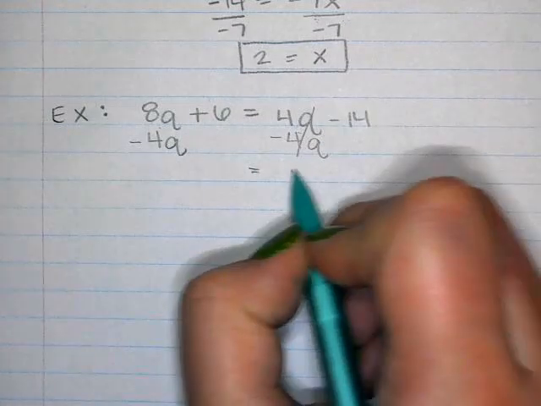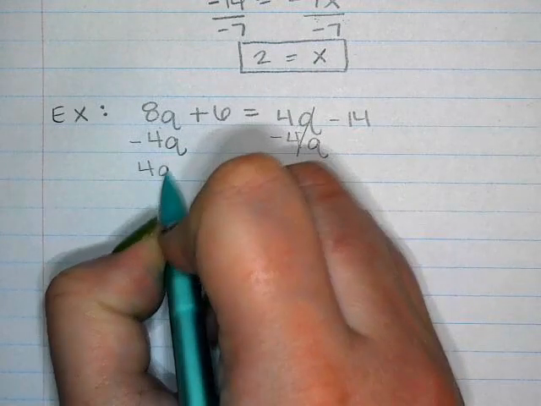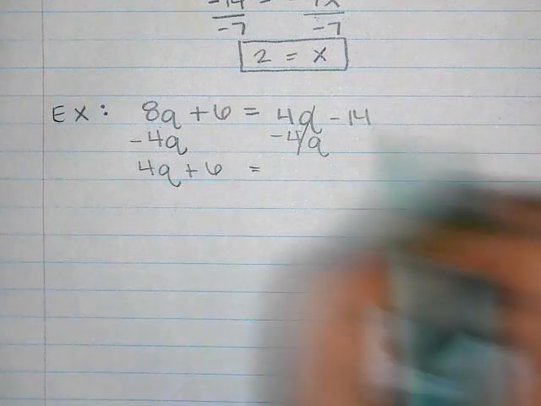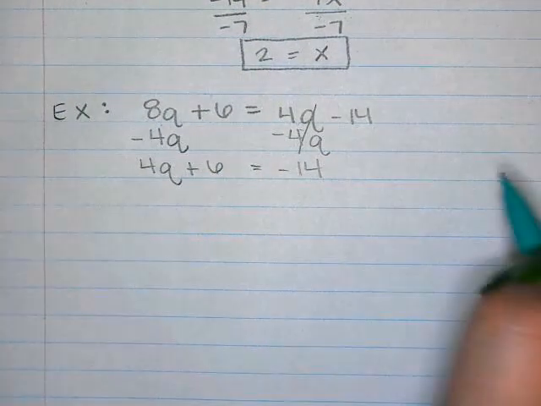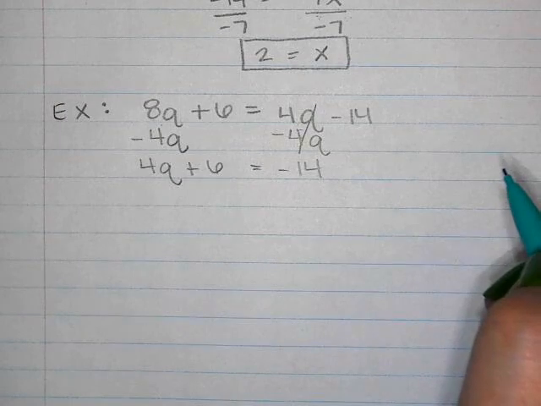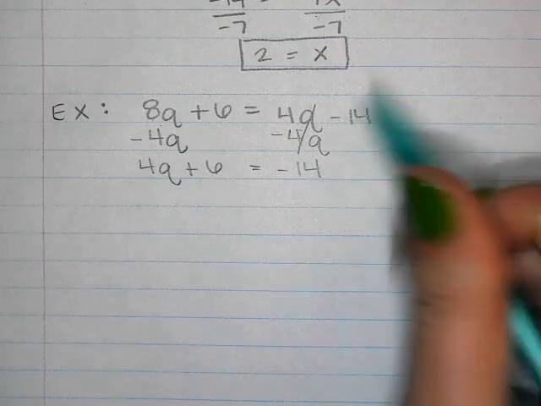All right, so 8q minus 4q is 4q plus 6 equals negative 14. Okay. And then we want to get the numbers to the other side. So we've got a negative 14 over here. We have a positive 6 right here.